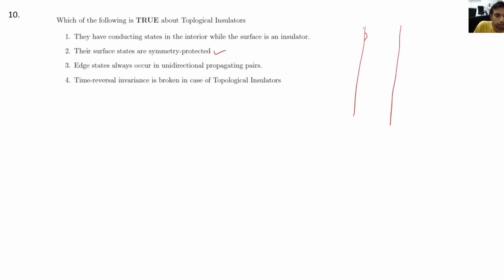So along one edge, if they are propagating in this direction, along the other edge they will be propagating in the opposite direction. And time reversal invariance is preserved in the case of a topological insulator. So this statement is wrong. The edge states propagate in opposite directions, and it is only at the surface that it is conducting, while in the bulk it is insulating. So this statement is wrong. So the true statement is this.